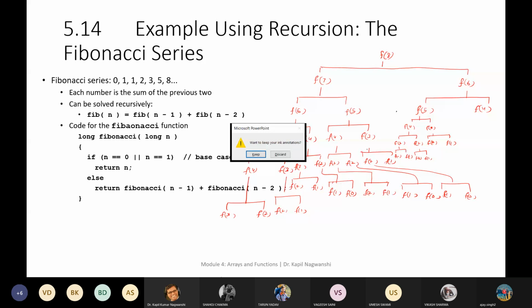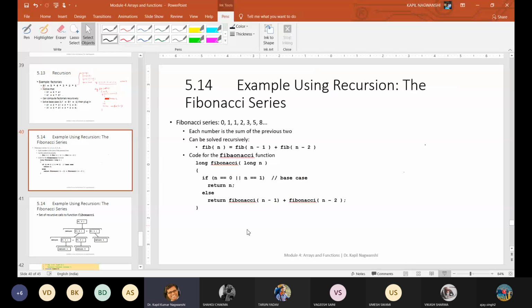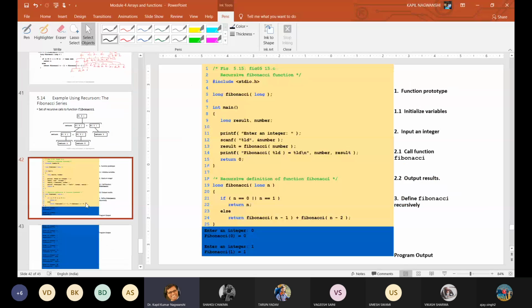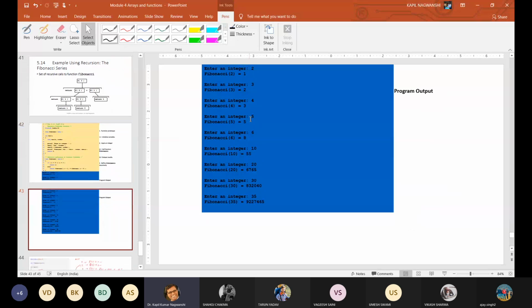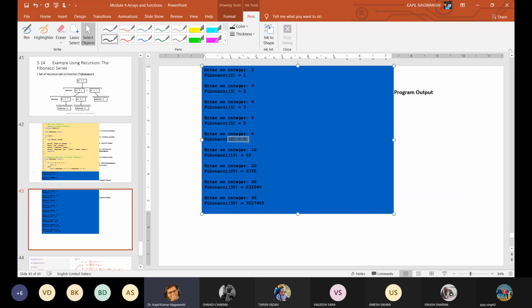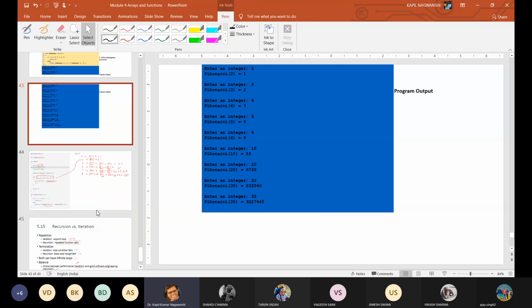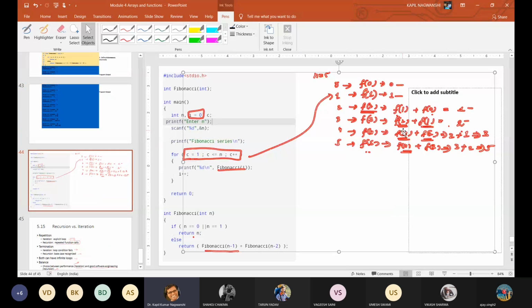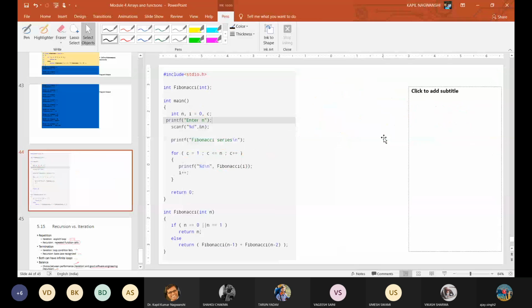Yes, sir. So this will be your answer. For 10, 55. So Fibonacci 6 is 8. So you need to solve this on your own, and if you are not able to solve, then please call me.